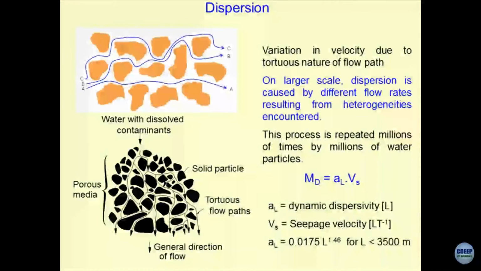These are empirical relationships which are used for modeling the dispersion phenomena. But as I said, when the flow takes place through the compacted soils, the seepage velocity is going to be extremely small, is it not? And hence the MD term becomes insignificant. Tortuous path, I think you understand, is the seepage path, and the general direction path is the discharge path.